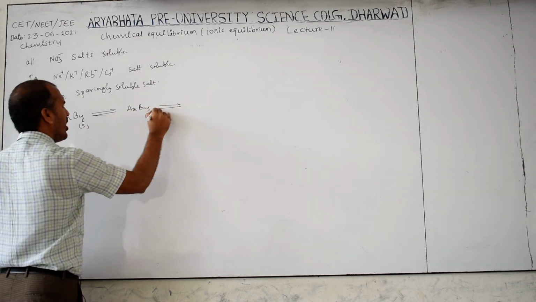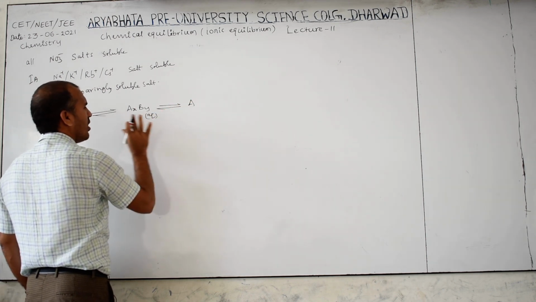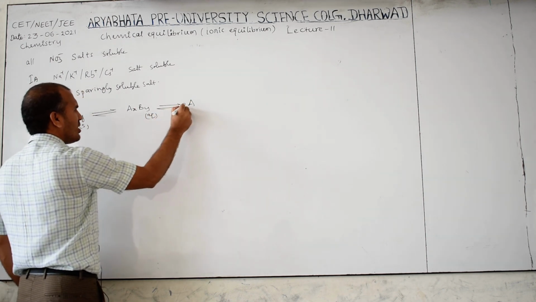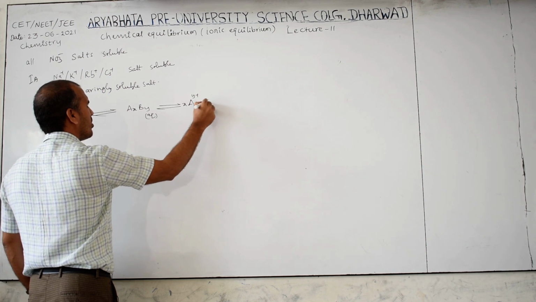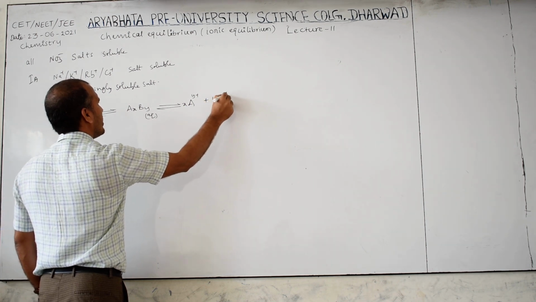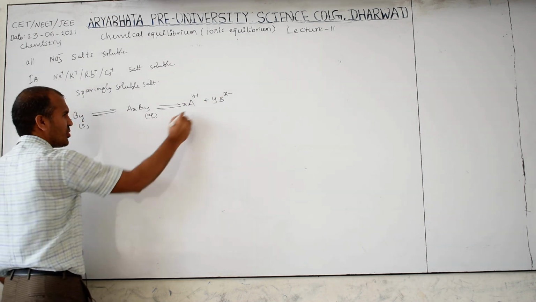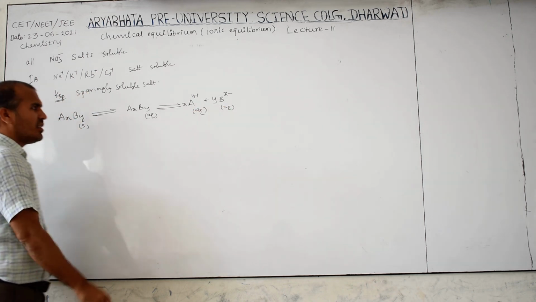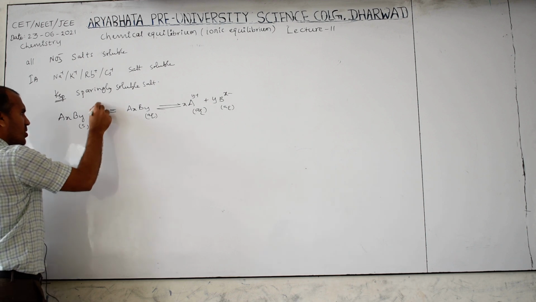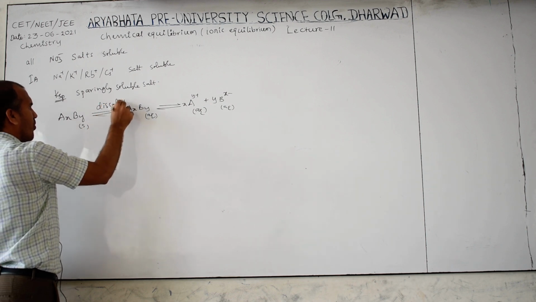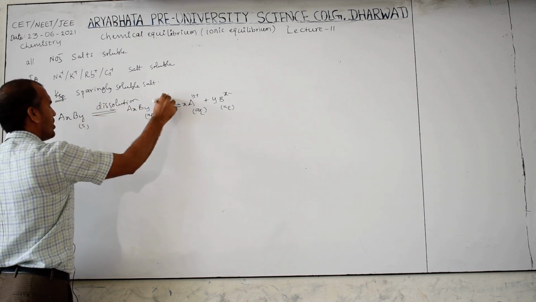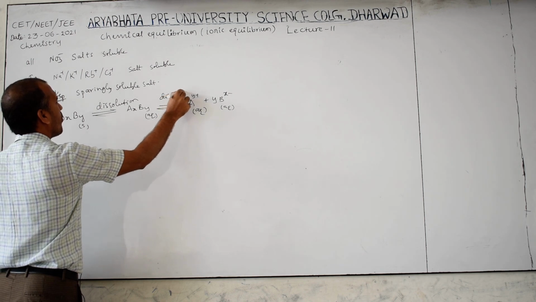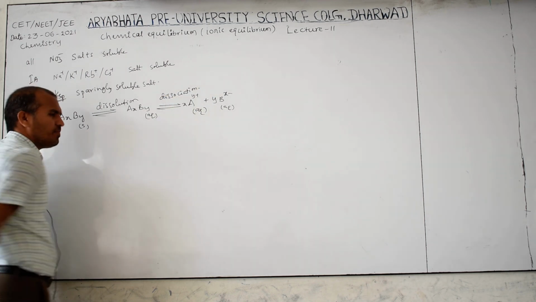Then this will be AxBy aqueous. Then this will be ionized: it dissociates into x moles of A^y+ plus y moles of B^x minus. Like this it is dissociated; this is aqueous, this is aqueous. This is called dissolution, this is called dissociation. Okay.